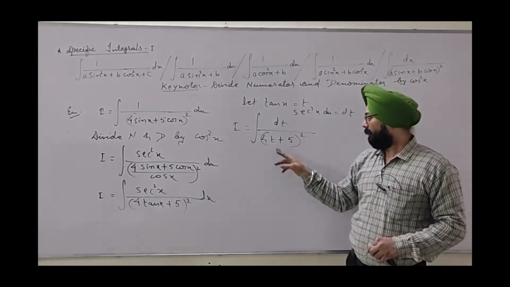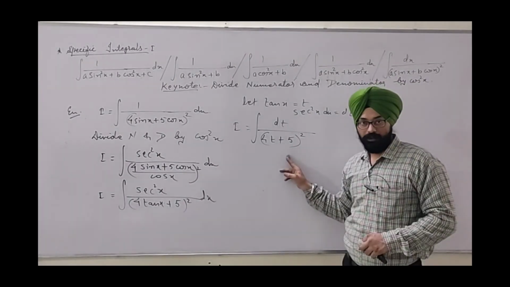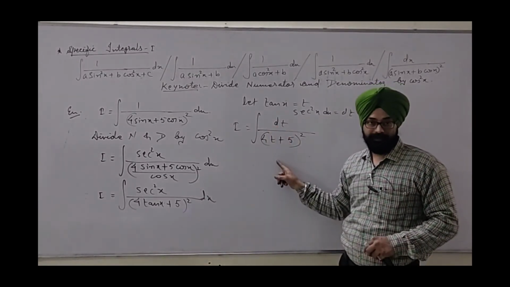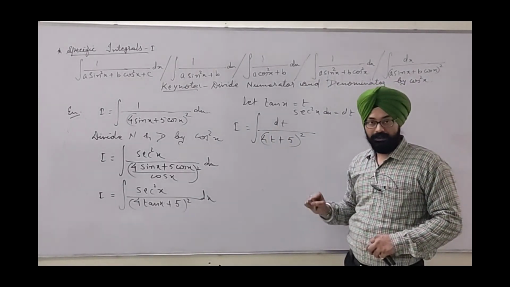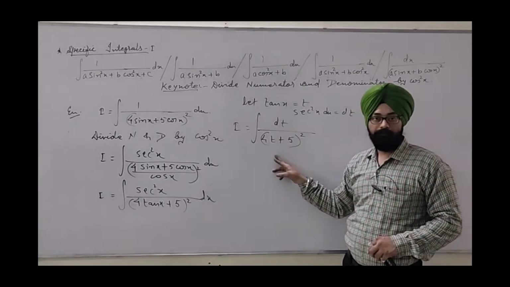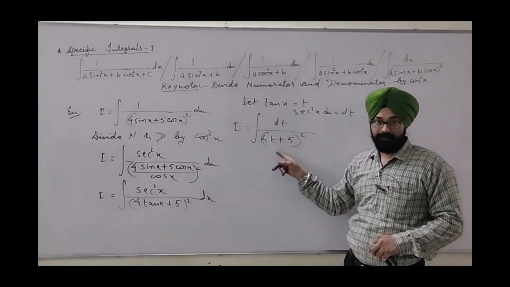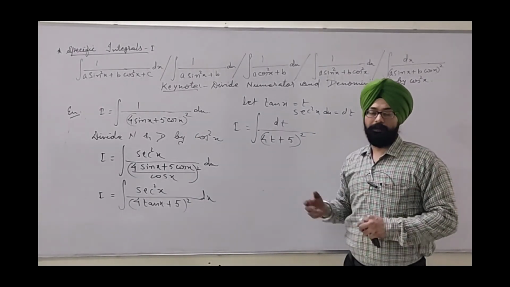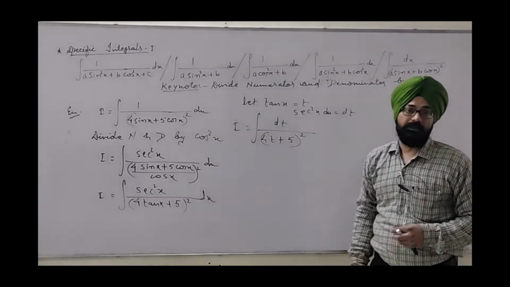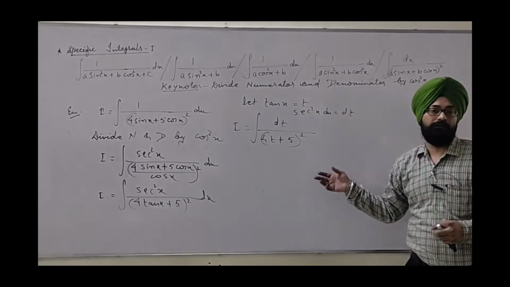There are patterns. If you expand it by (a plus b) whole square, it will be solved by the pattern of 1 upon quadratic polynomial. Here we can use partial fraction also, where repeated roots 2 times are given. It's according to partial fraction. This is pattern number 2. That also can be done, but I find it the best method.